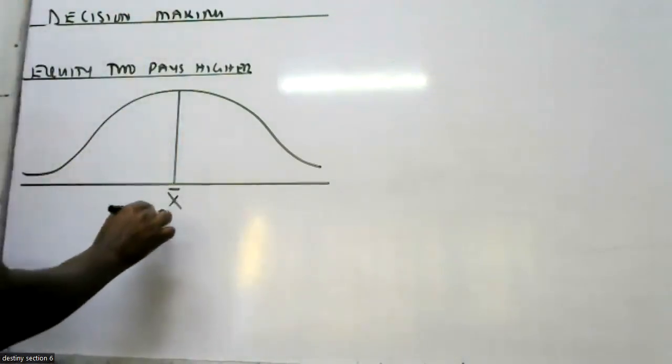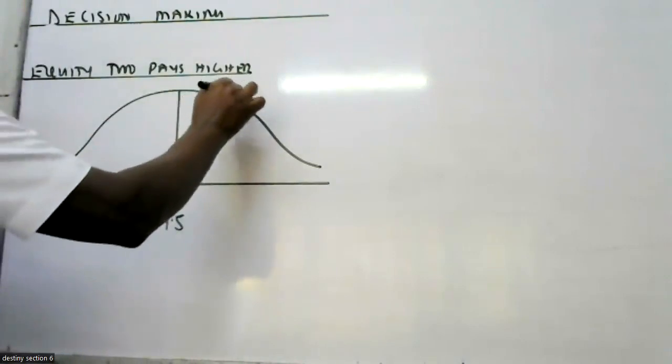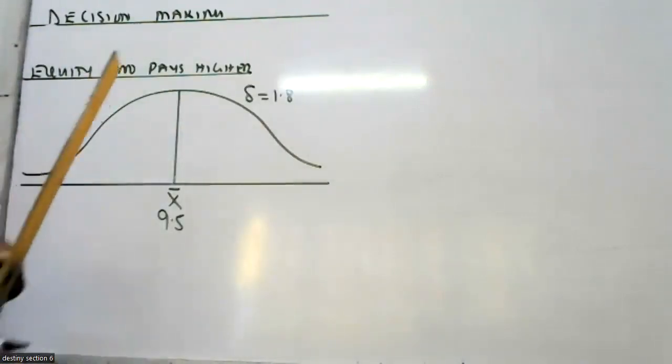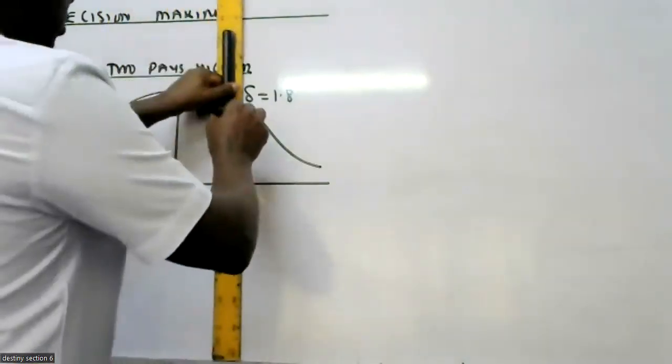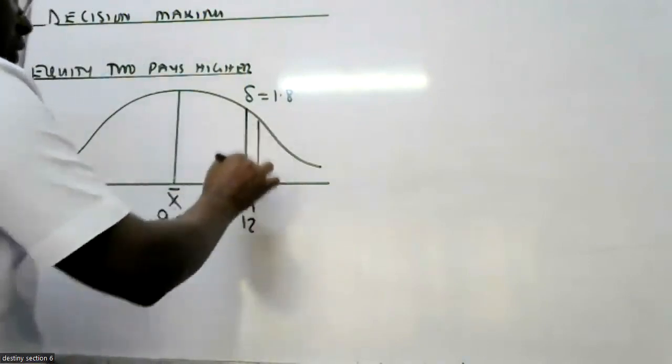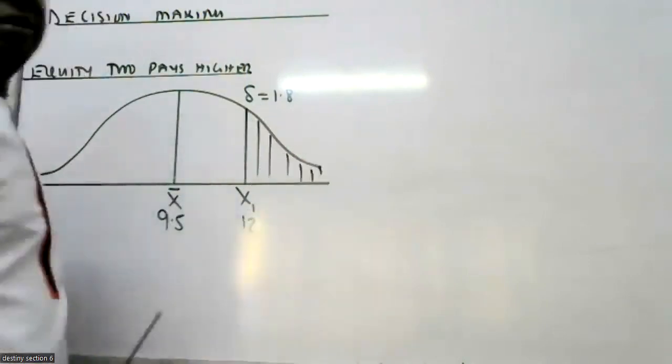Equity 2 is paying 9.5 with a standard deviation of 1.8. We want it to pay more than equity 1. And equity 1 we know was paying 12. So you want this one to be anything above 12.